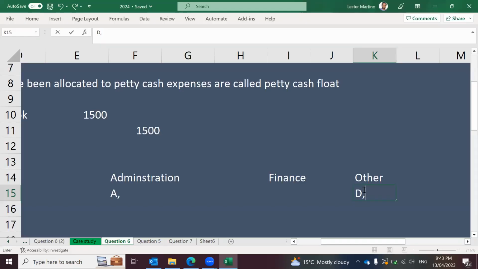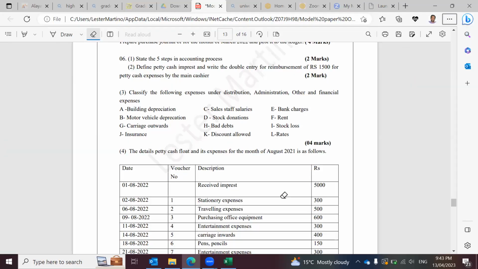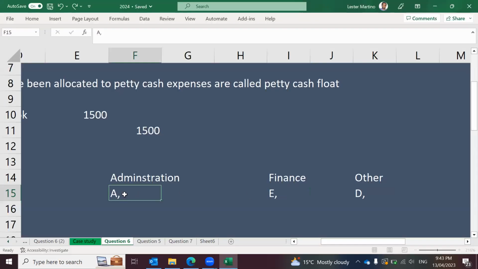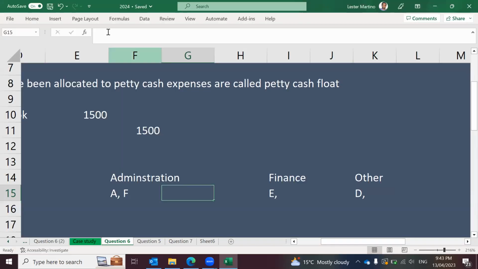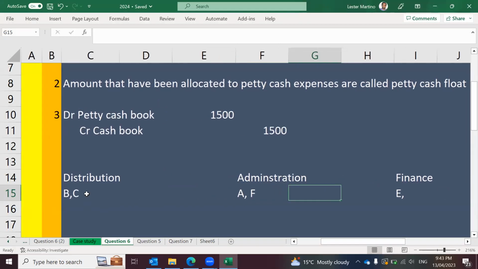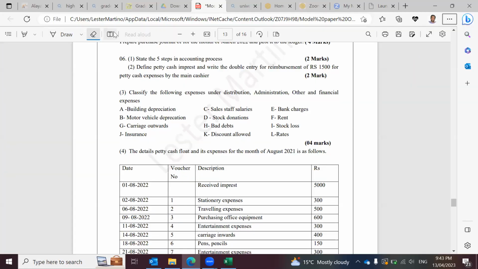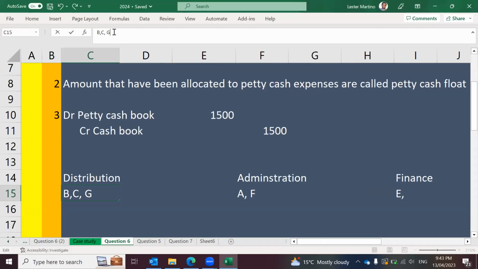E, bank charges, finance. F, rent, admin. G, carriage outwards, distribution. H, bad debts.